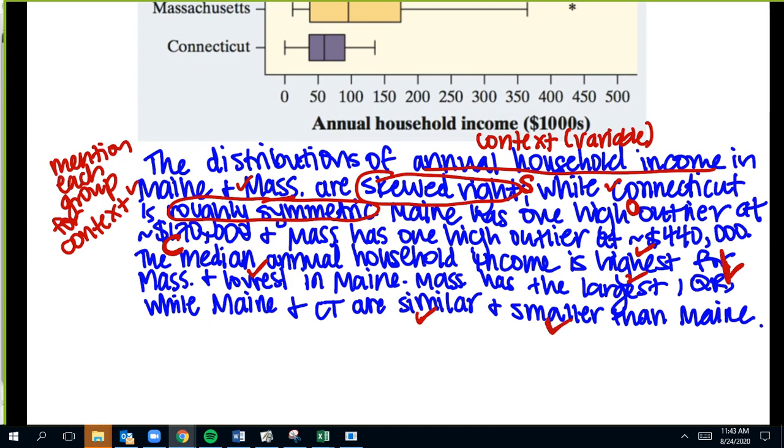So here we have V for variability, O for outliers, C for center, S for shape, and our context with our compare words, highest, lowest. I think I'm going to just underline those. Largest, highest, where else? Smaller, similar, all of that.